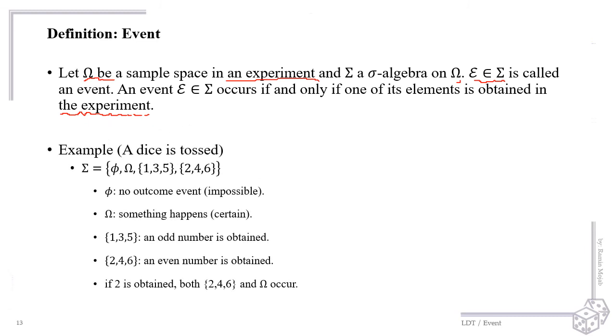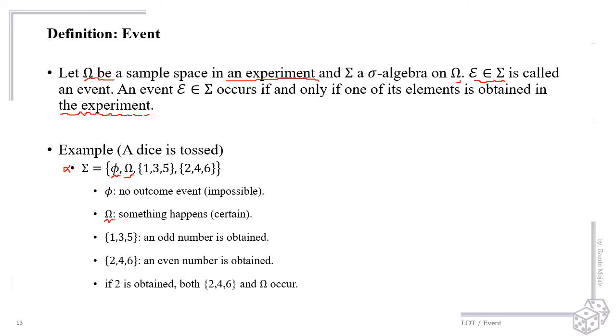Consider an example in which a dice is tossed, and let this set be the sigma algebra. The first element, the empty set, is an event. It's a situation in which no elementary outcome has occurred. We know that this is impossible by the definition of the experiment. Omega is also an event.